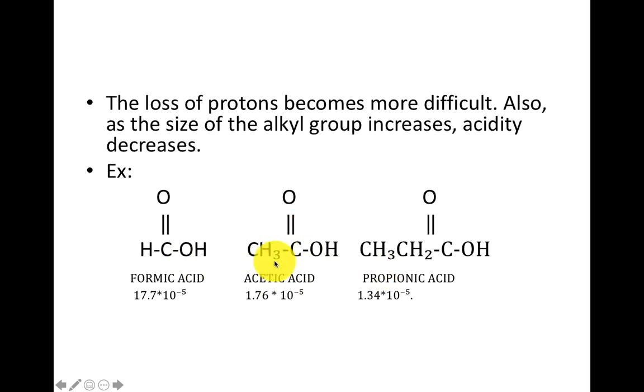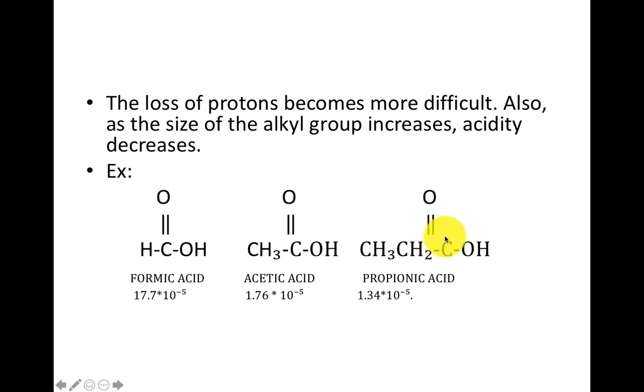Remember one thing, alkyl groups are always electron donating in nature. So what will be the nature of this carbon? It will be electronegative or electropositive. Since it is donating electrons, it will be negative in nature. So the negative charge on this carbon will get increased.